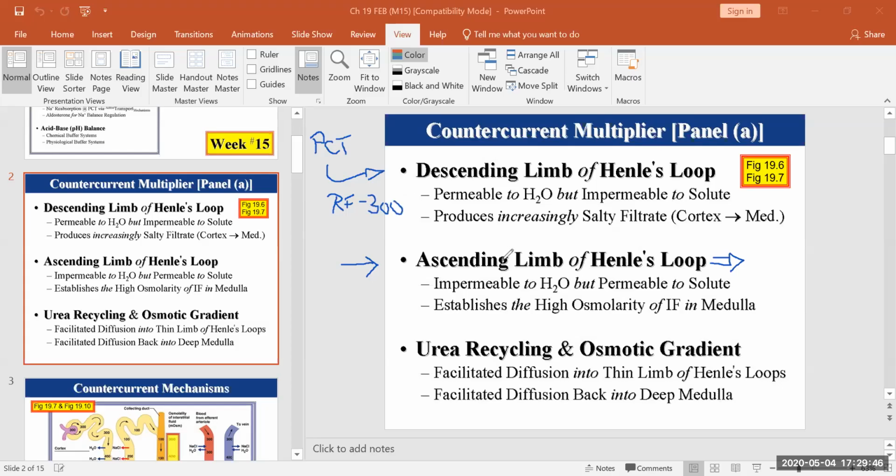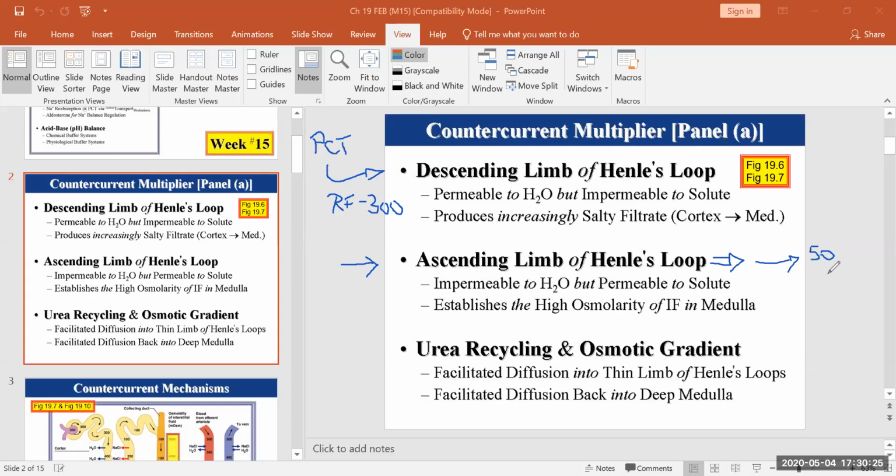But when it's leaving the loop of Henle, it can go all the way down to 50. In your book, it says 100, but it can go all the way down to 50. So this is how the loop of Henle is basically setting the concentration gradient, the osmotic gradient in your medulla. And that's panel 7 on figure 19.7.